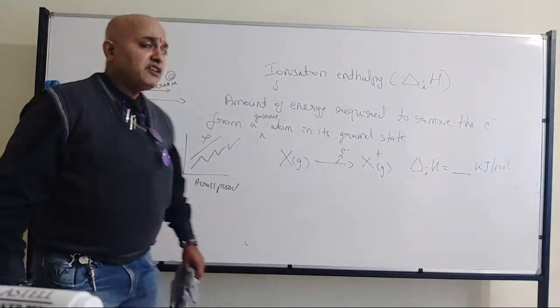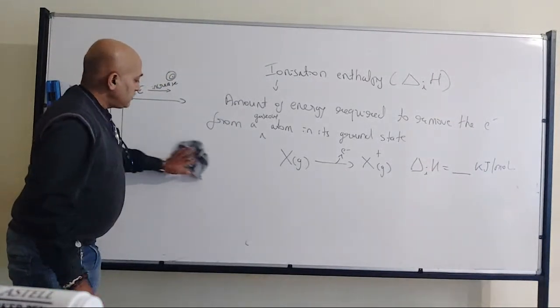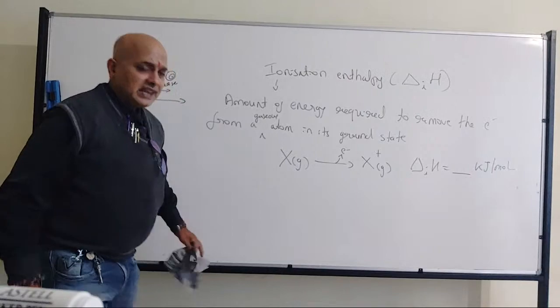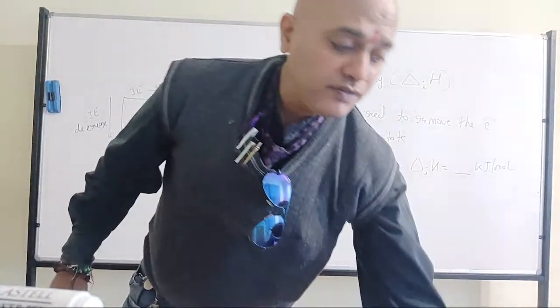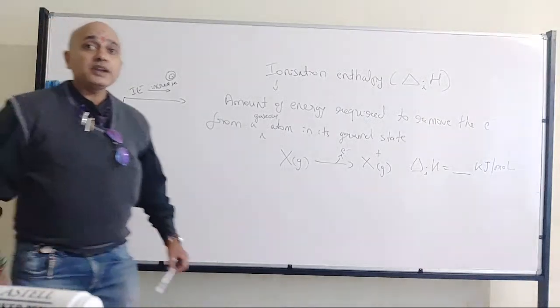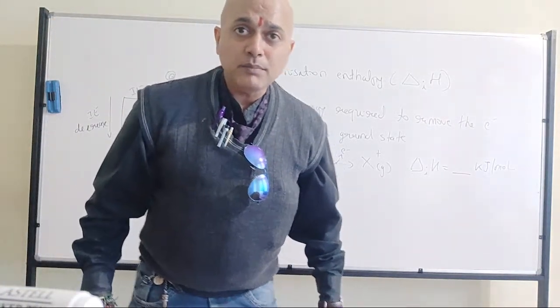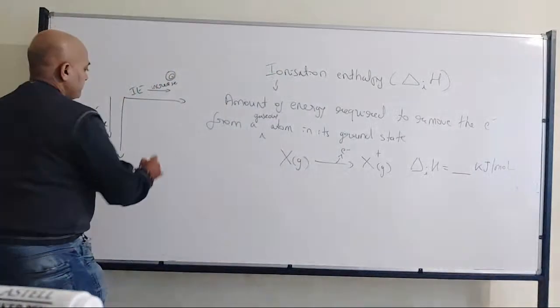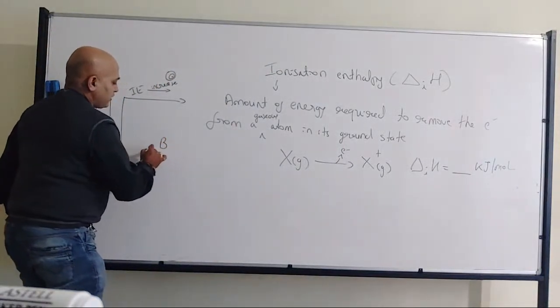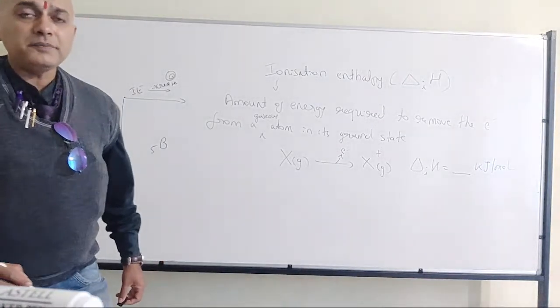Now, can anyone write the electronic configuration for boron? What is the atomic number of boron? 5.